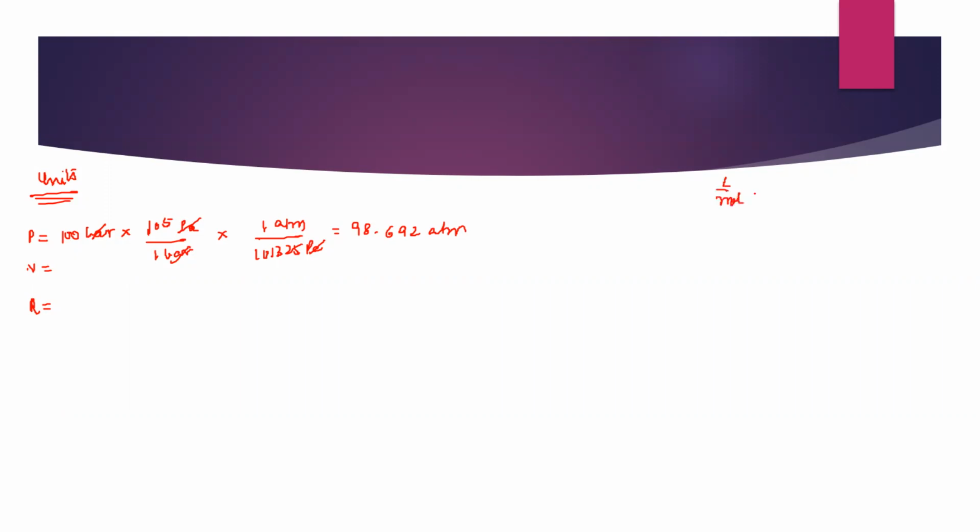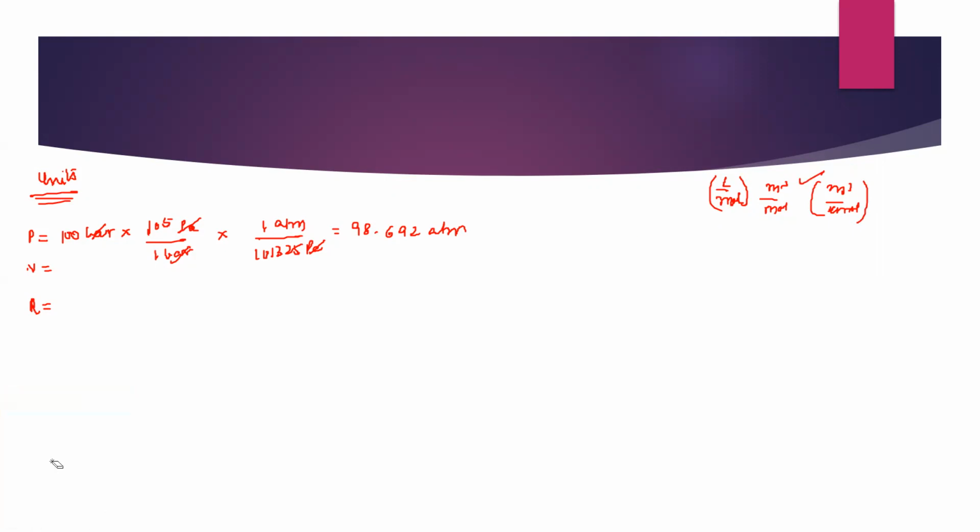Then volume, since we have to take molar volume, we could either take liter per mole, meter cube per mole, or meter cube per kilomole. Meter cube per mole might be very small, so calculations might not be very appropriate. Liter per mole and meter cube per kilomole are one and the same, so let's take meter cube per kilomole.